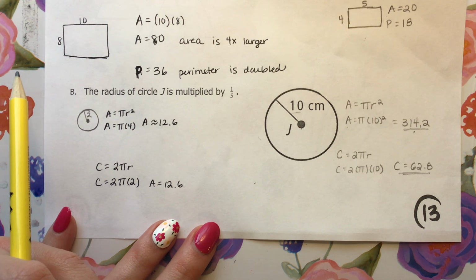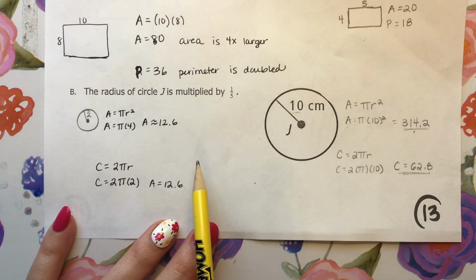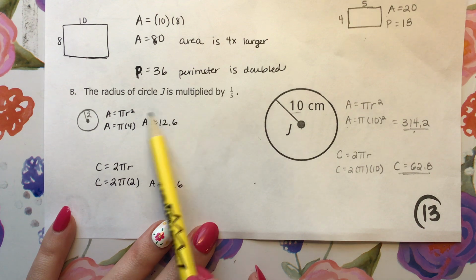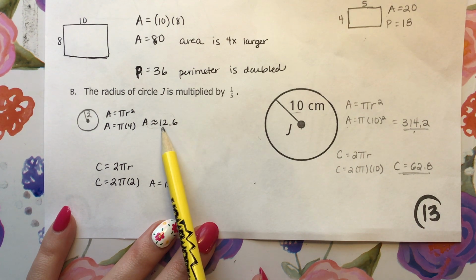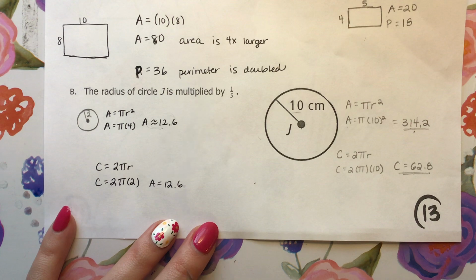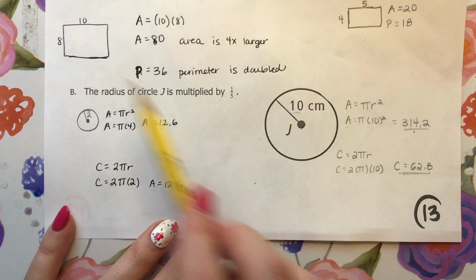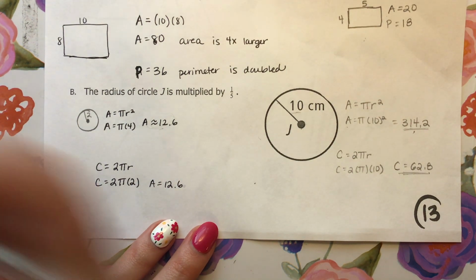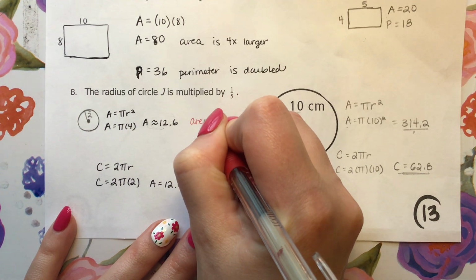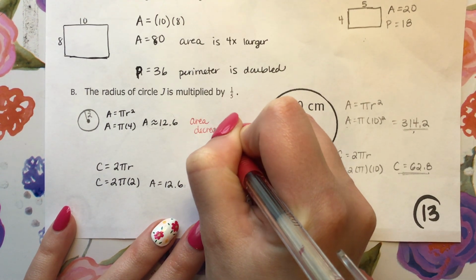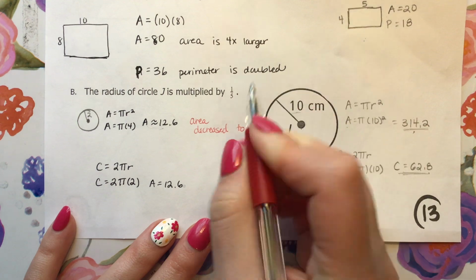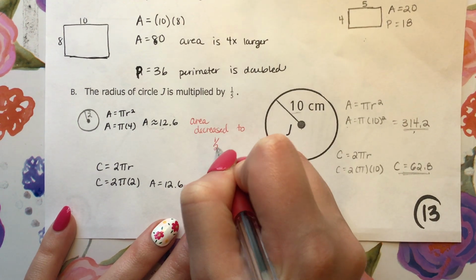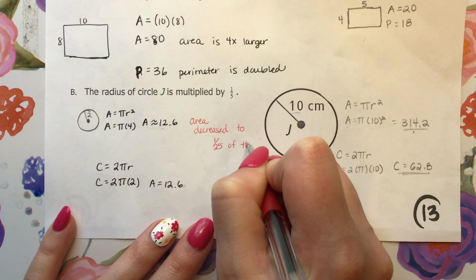And I'm getting about 24.9. So 24.9 can round to 25. The area decreased 25 times. So in this situation, this area decreased 25 times. It decreased to 1/25 of the original.